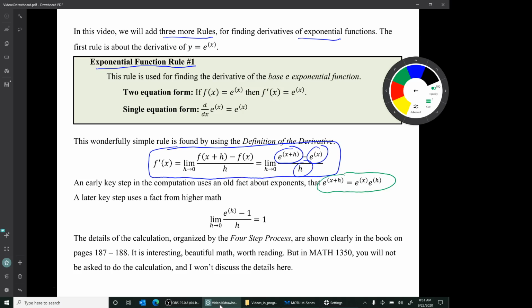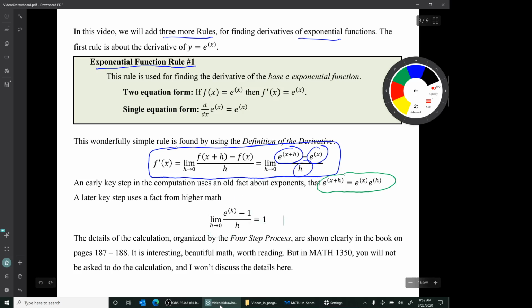That's just a rule of exponents. A later key step in the calculation of f prime of x is a fact from higher math. In the calculation of f prime of x, this limit emerges, and the fact from higher math is that that limit equals the number 1.